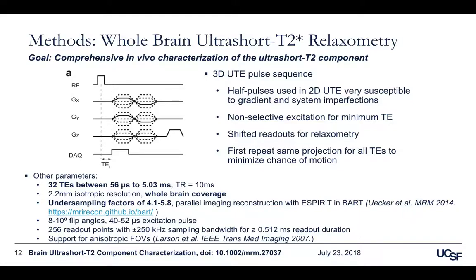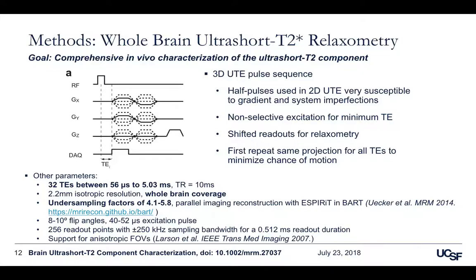So using a non-selective 3D acquisition, we can get very short echo times and be quite robust. We shift the TEs to perform relaxometry. We also chose to acquire each projection, each radial line, for all TEs, and then move on to the next projection in an attempt to minimize motion artifacts.